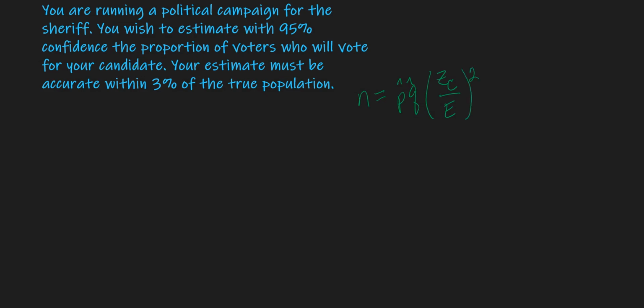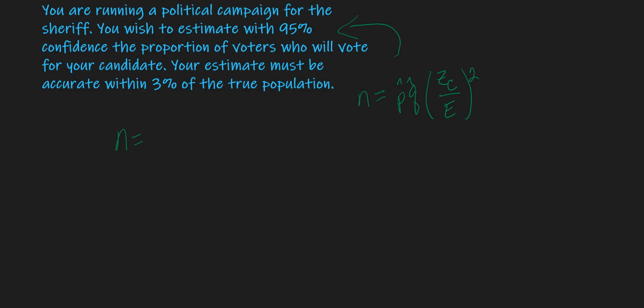Those are squared. We can go ahead and plug in what we know from all of those words, and we'll have our minimum sample size. All right, let's just try it.